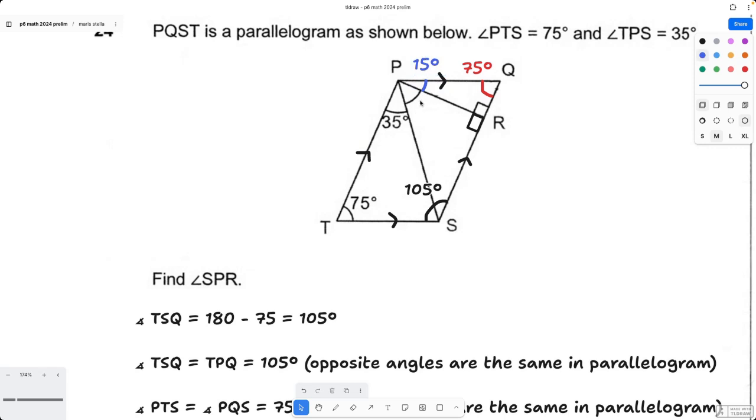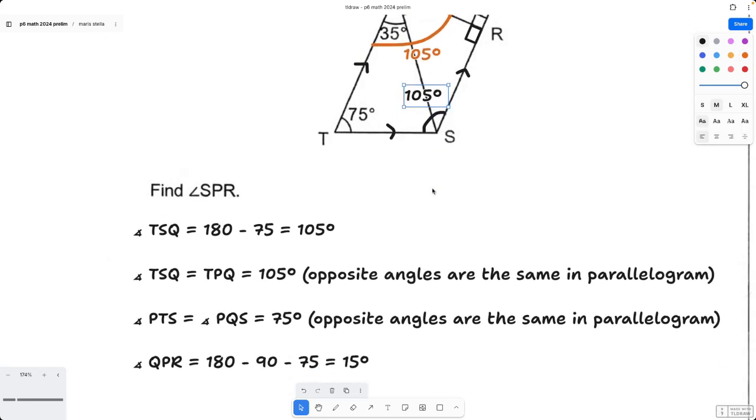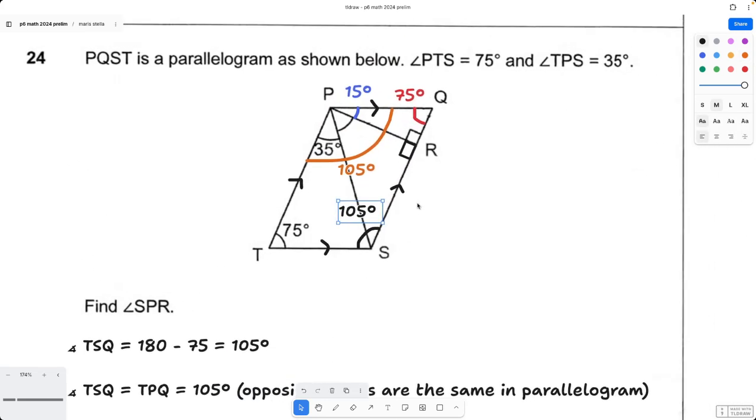Okay, so now we can get this. We know that this whole thing over here is 105 degrees. So now we can just get SPR.